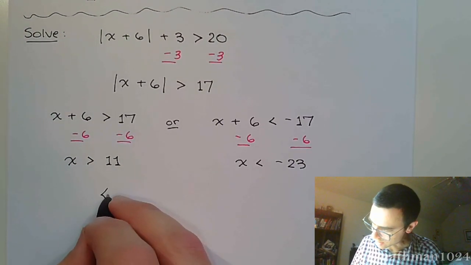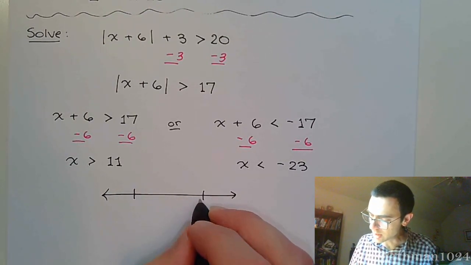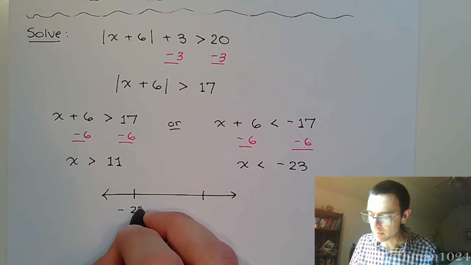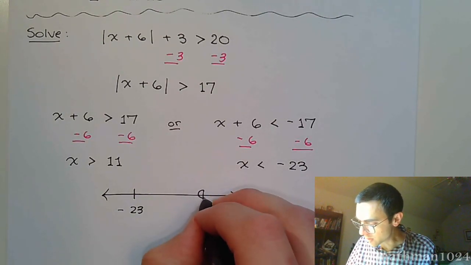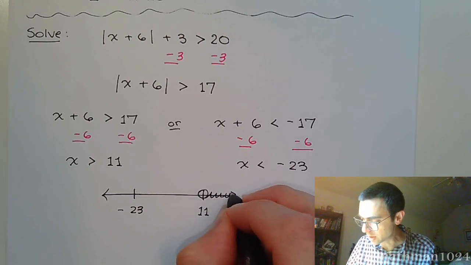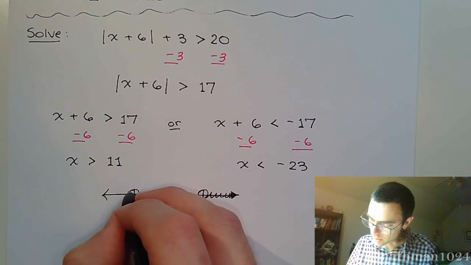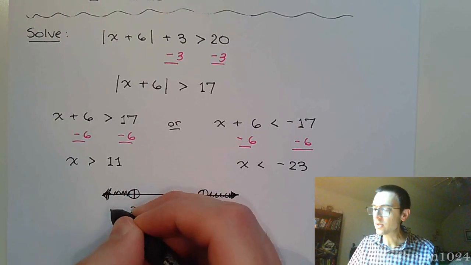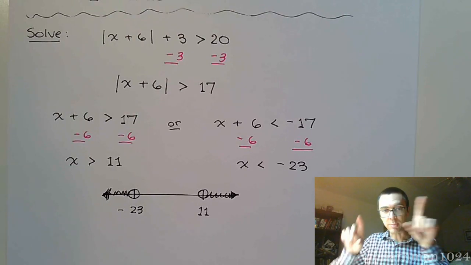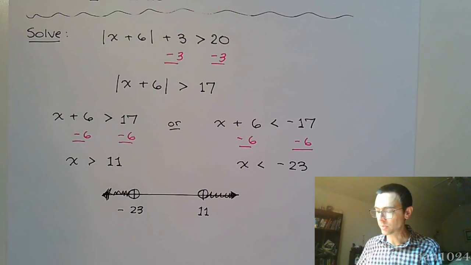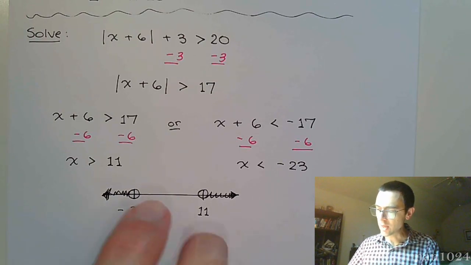When you put this together on your number line, you care about these 2 numbers. You care about negative 23 and you care about 11. So greater than 11 is open, going to the right. Less than negative 23 is open and going to the left. And you see how this makes sense. We said that the distance being greater than means social distancing. That means stay away from me. So these have to be going in opposite directions. And that's what I did right here.